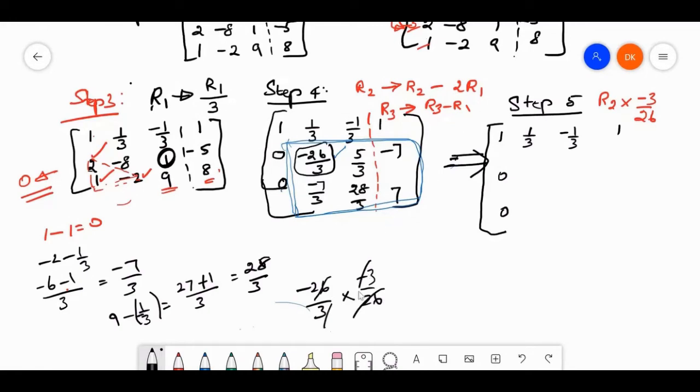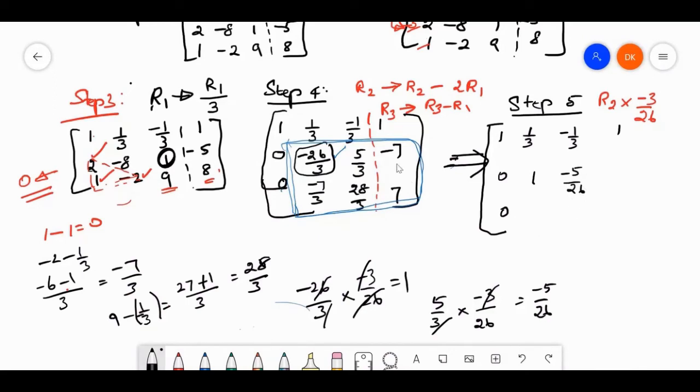So what will happen? It will give 1 value. So here now it is 1. Similarly, the 5 by 3, okay, into minus 3 divided by 26. So this 3, so minus 5 divided by 26 will be there. Okay, so here minus 5 divided by 26.